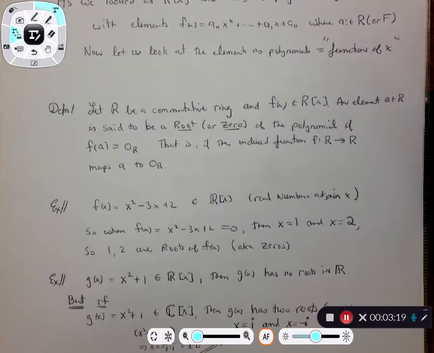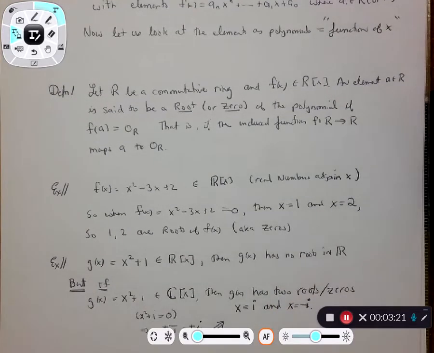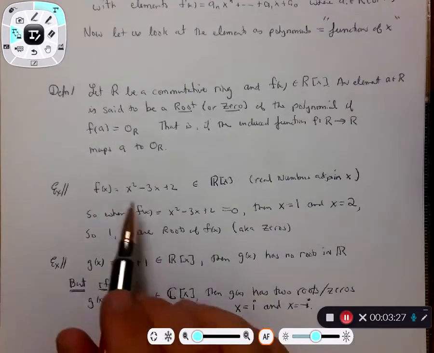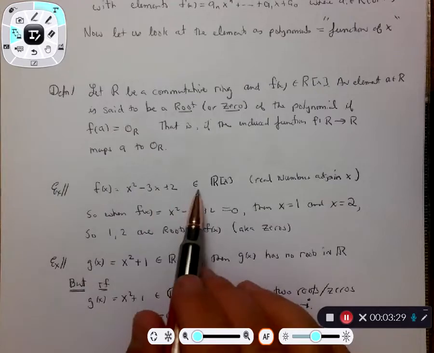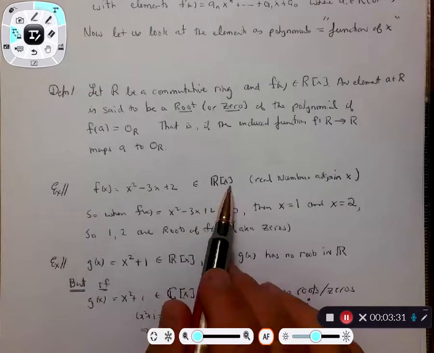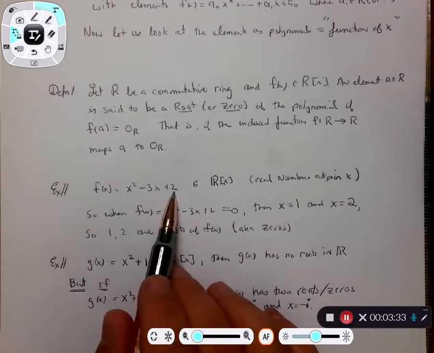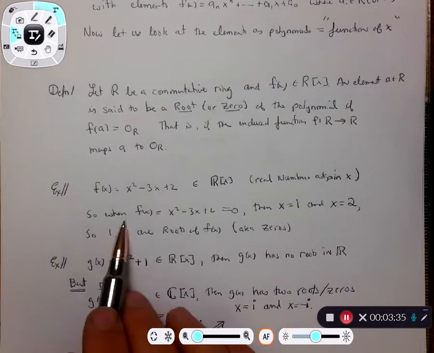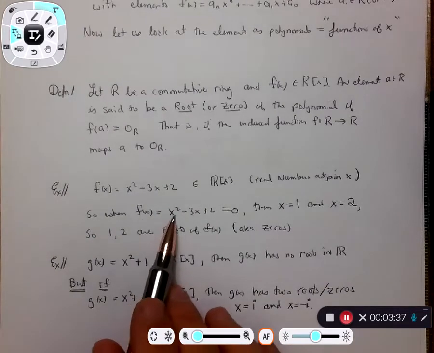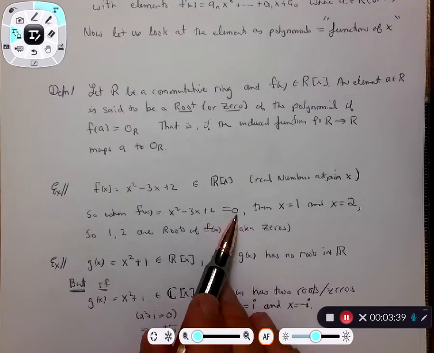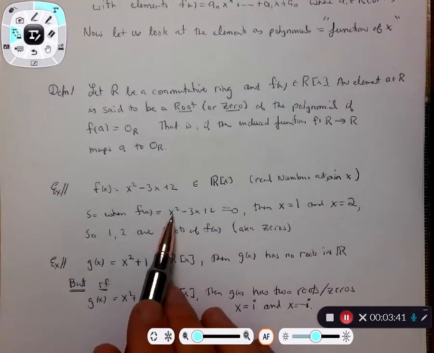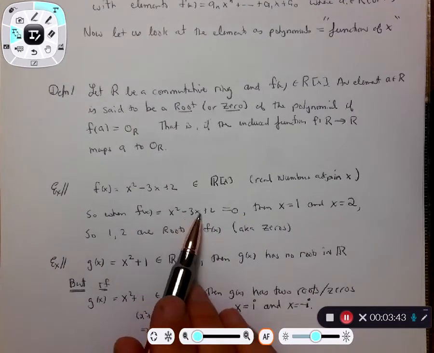So, an example here is f of X equals x squared minus 3x plus 2. And this is a polynomial in the reals adjoined X. The coefficients come from the reals. So when f of X, which is equal to x squared minus 3x plus 2, equals 0, this is going to factor into x minus 1 times x minus 2.